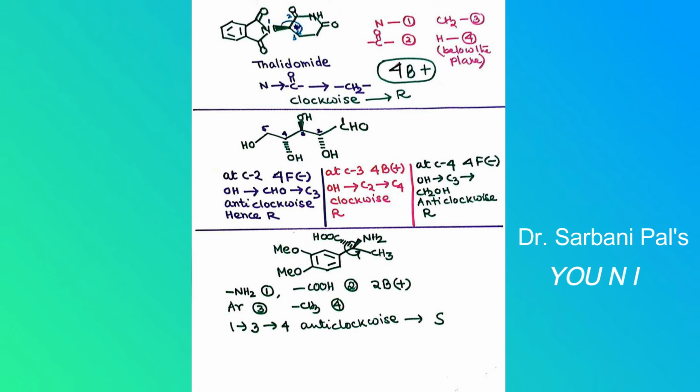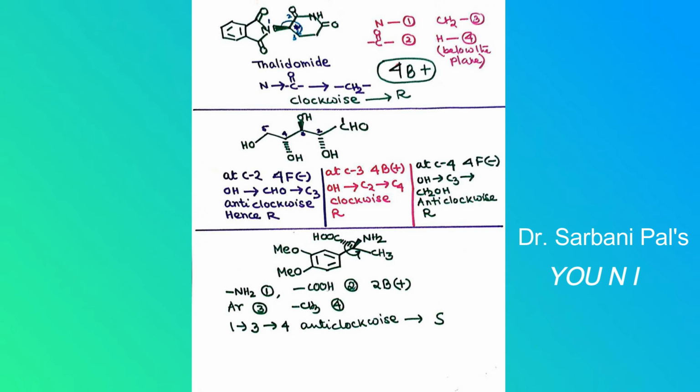The hydrogen is pointing down, so we can apply 4B plus. 1, 2, 3 is coming clockwise. So what is the absolute configuration of thalidomide? In this case, it is R.